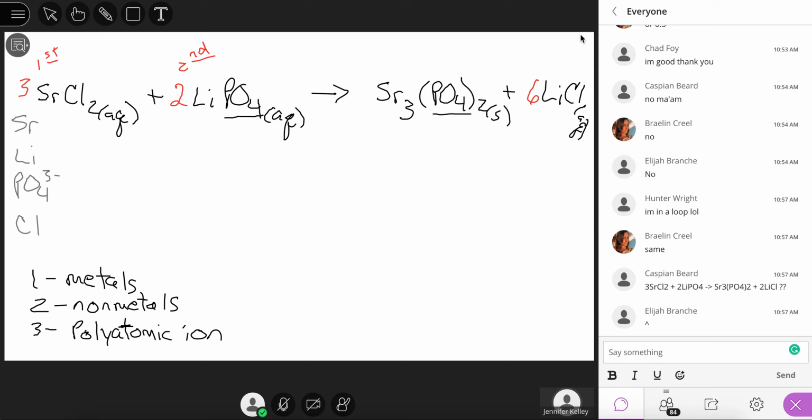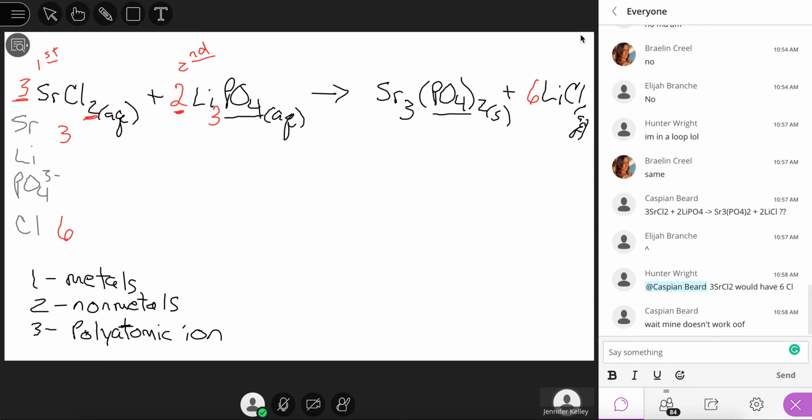All right. So let's count them up. Make sure I got it right. So on the left, we have 3 strontium, 6 chlorine, because it's 3 times the 2. And then 2 lithium. Well, oh, you know, I left this off. This is why you're going to loop cast, and I forgot the coefficient. I mean, subscript. Sorry about that.